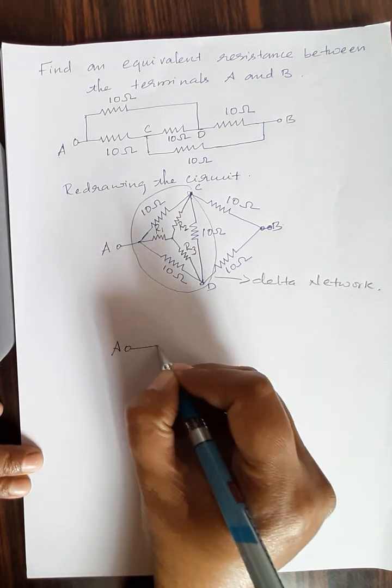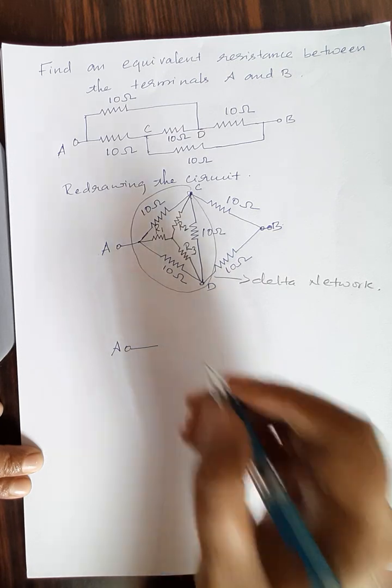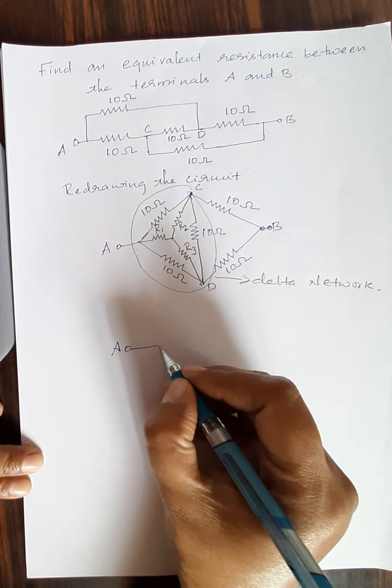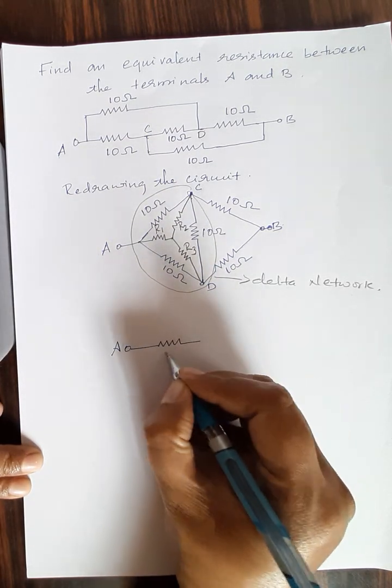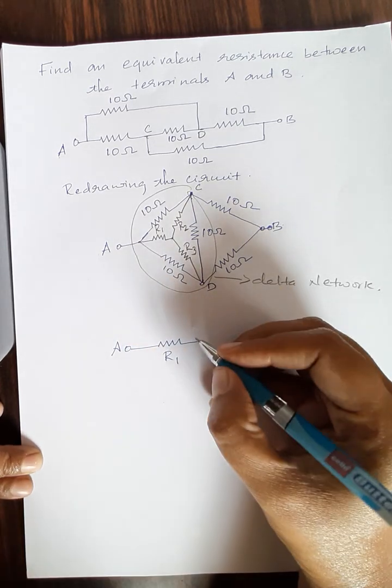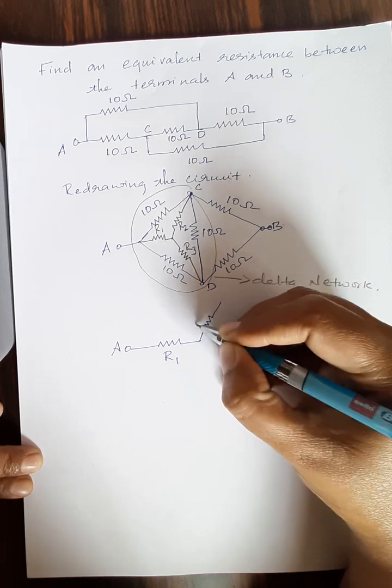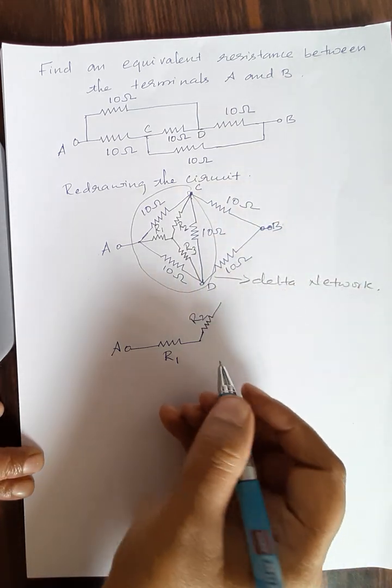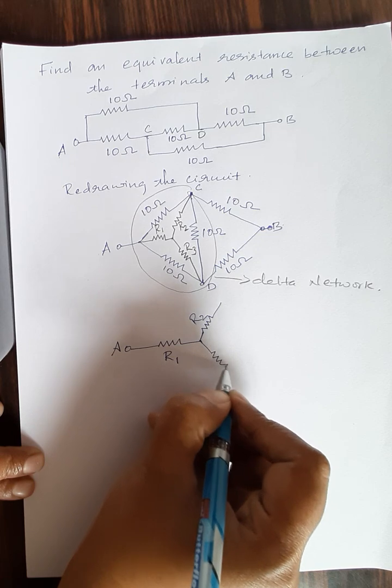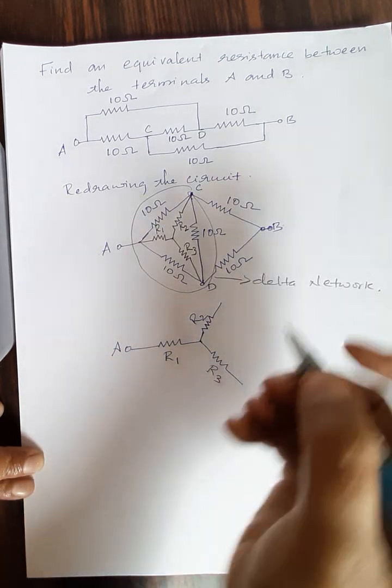Terminal A, here resistance R1 will be present. Then resistance R2, resistance R3.